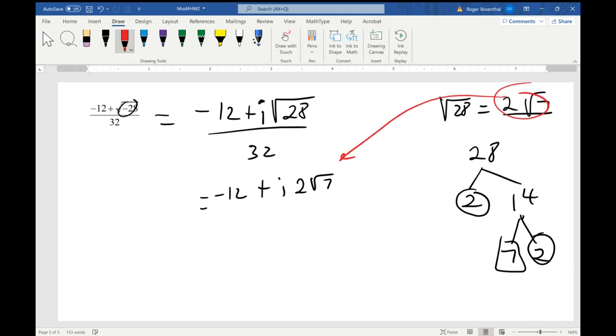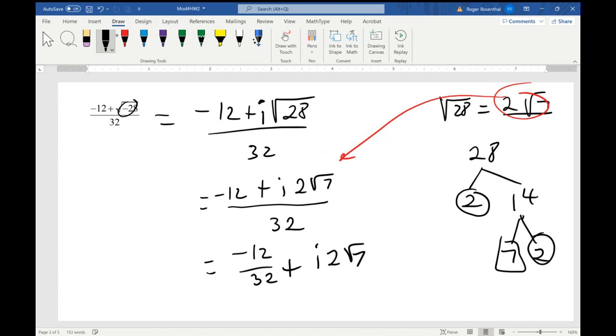This goes there in place of that. The whole thing was divided by 32, so don't forget that. We can now split this fraction up. Whenever you have a plus or a minus in the numerator, you can split a fraction up. It's got to be in the numerator, though. So this is equal to -12 over 32 plus i times 2 times square root of 7 over 32.